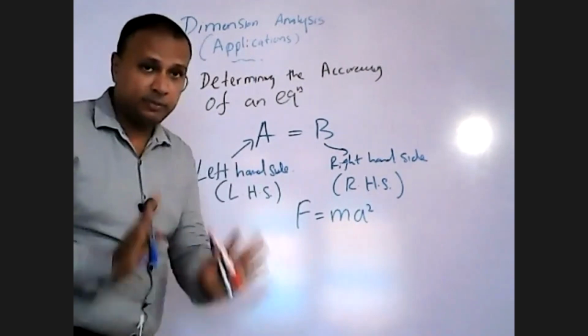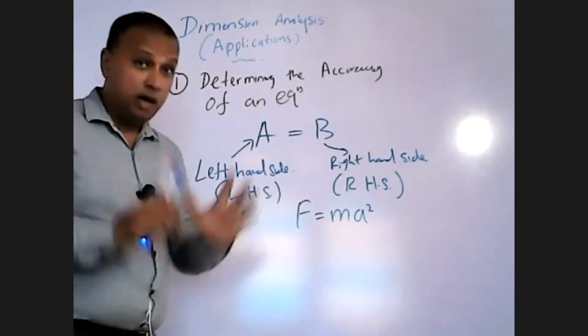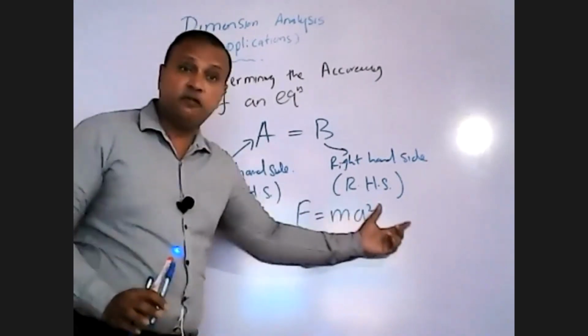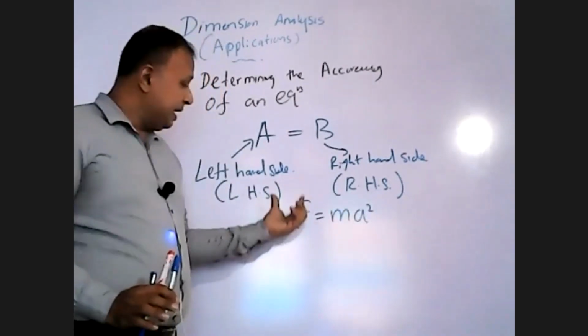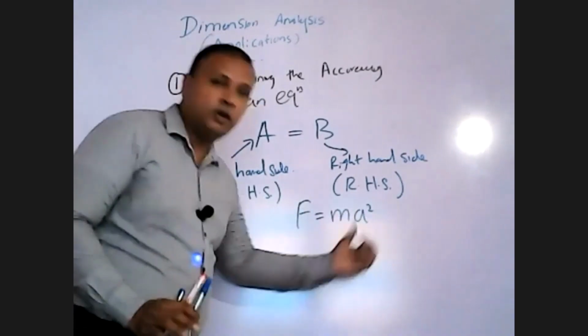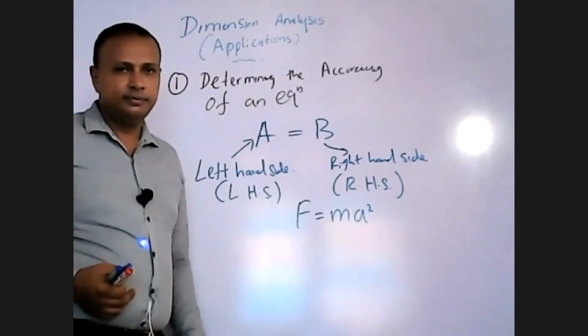Understand my logic. If this equation is correct, the dimension of LHS should be equal to the dimension of RHS, no?